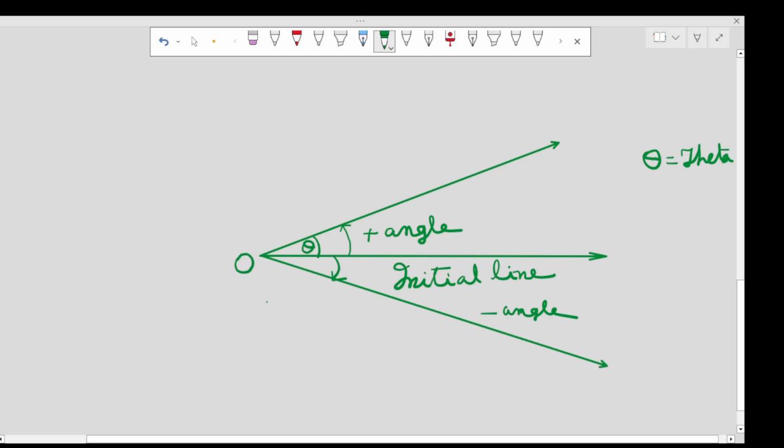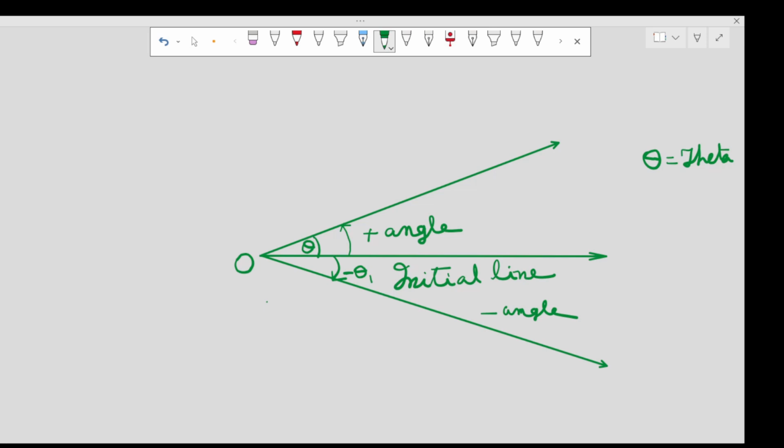If it is theta, it will be minus theta if both angles are equal. We don't know whether both angles are equal or not. So we name this angle by another theta, theta 1. Why is it written as minus theta 1?